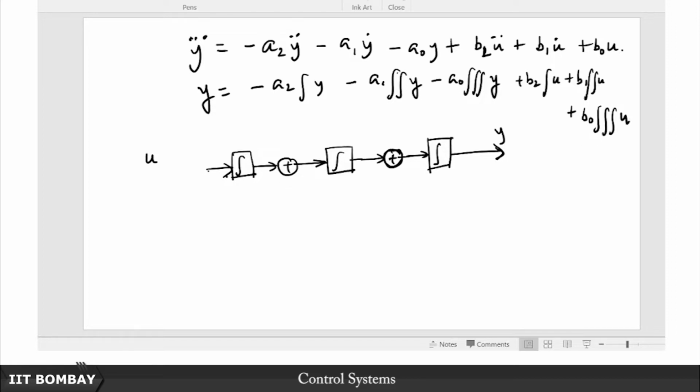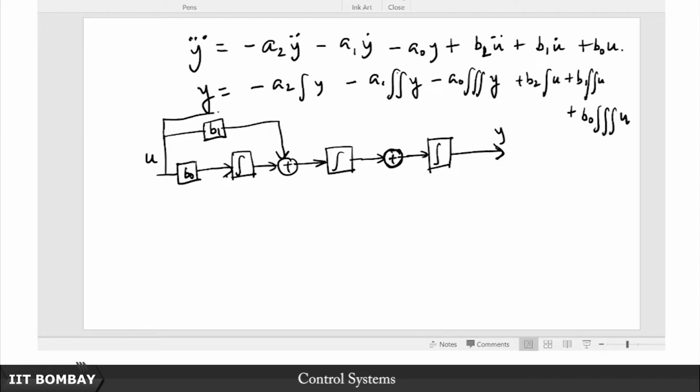So we have to send b0 times u thrice through the integration in order to get y. Then we have to send b1 times u twice through the integration, so we push this through b1, bypass the first integrator, and pass it through the remaining two integrators.